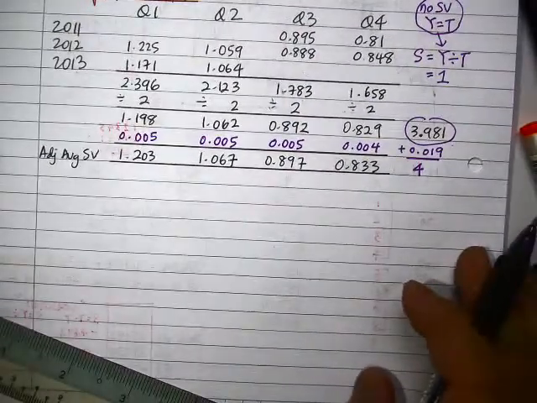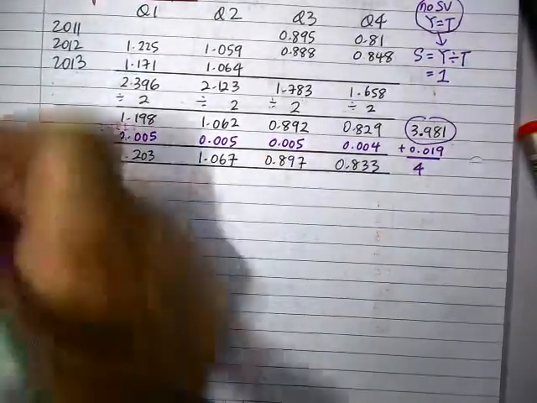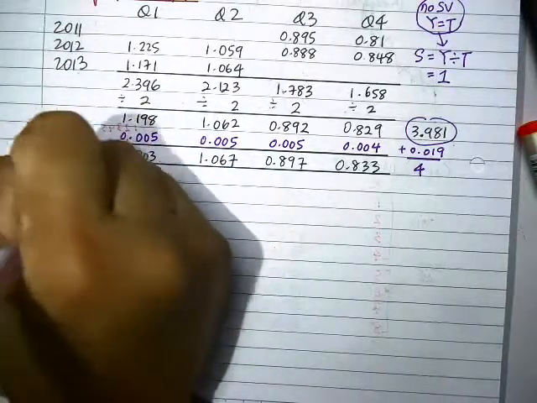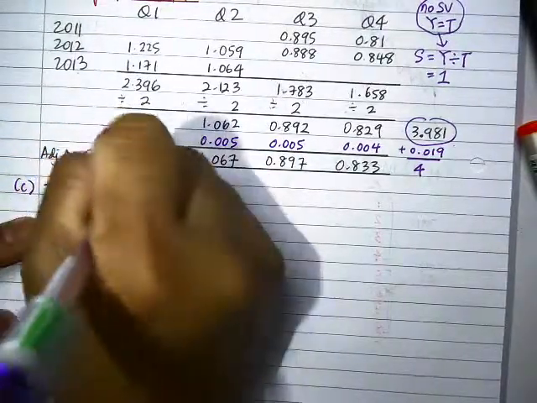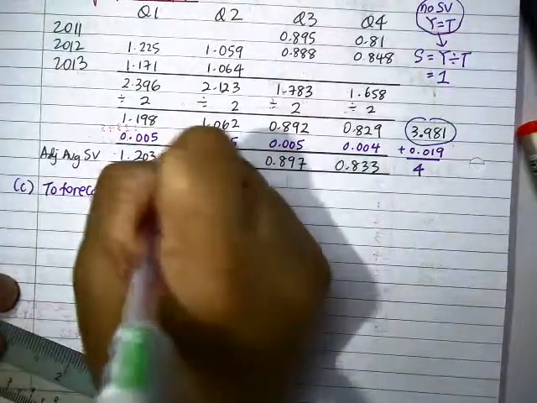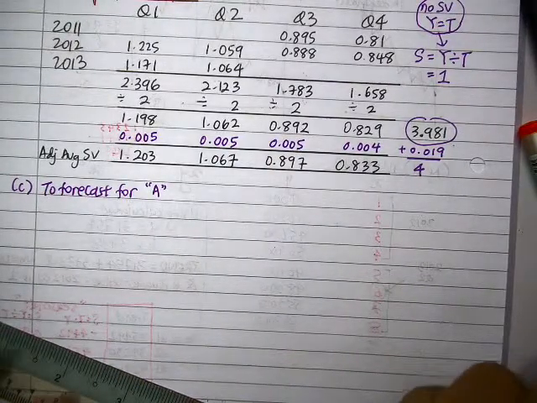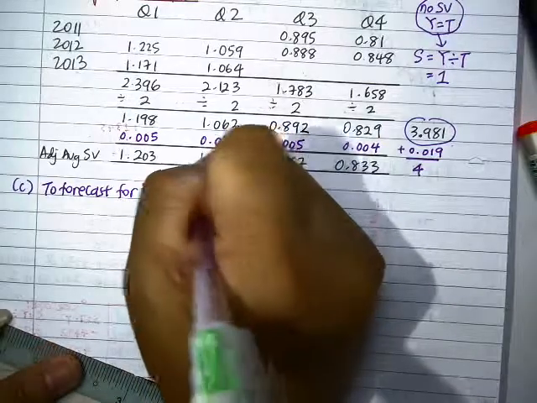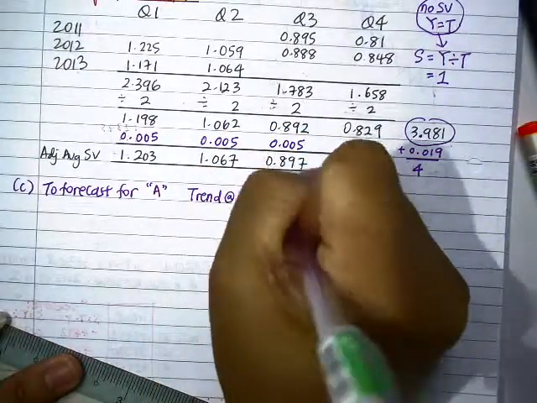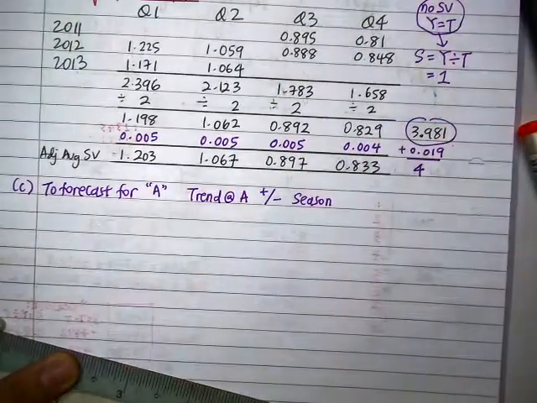Part C, the forecasting. Okay, what do you do now in the forecasting? To forecast for A, I'm just giving an idea. To forecast for A, you must take the trend at A plus or minus the season.